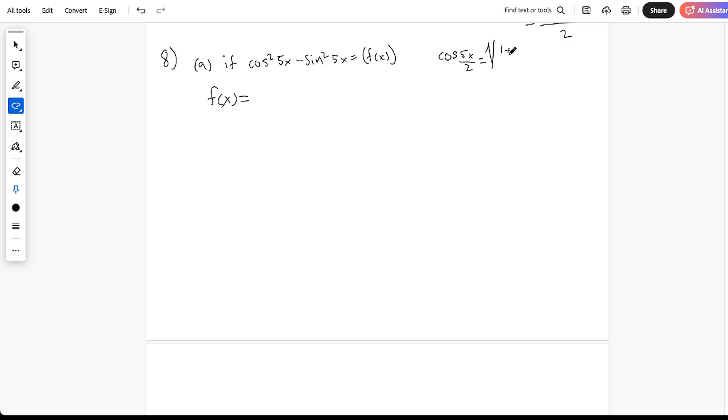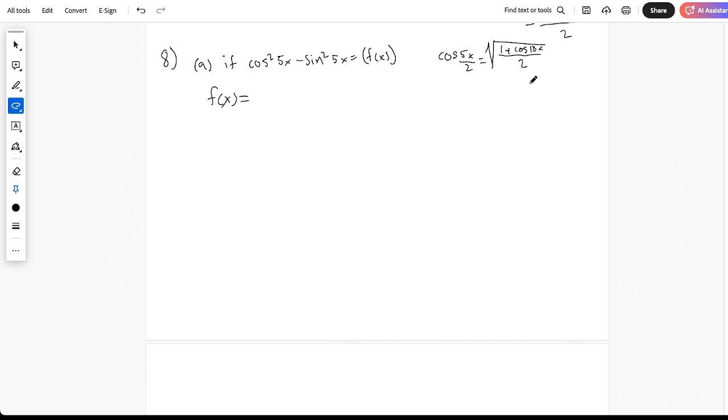There's a lot of square roots in this. 1 plus cosine of 10, because technically, since it's 5 over 2, if you're just taking the regular cosine, that makes it 10. So the cosine of 10x over 2. Great.